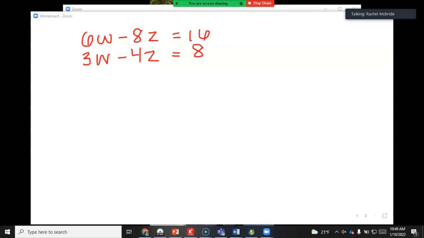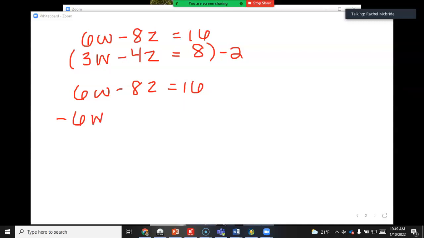If I saw this question on a test and I could pick any method I wanted, I would pick to do this problem using elimination, because I could multiply the bottom by -2. By multiplying the bottom by -2, you get -6w plus 8z equals -16.